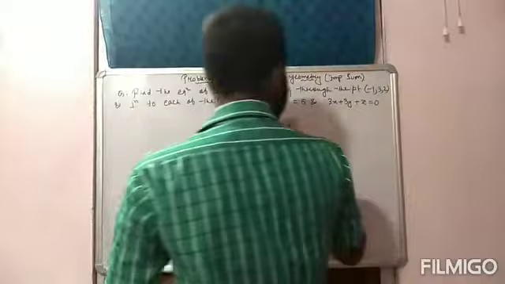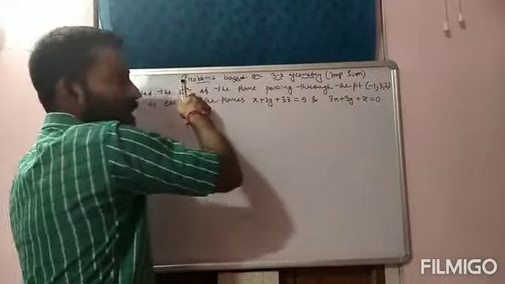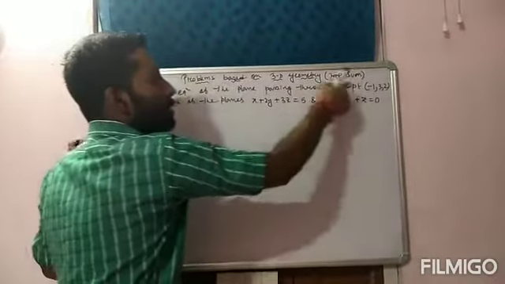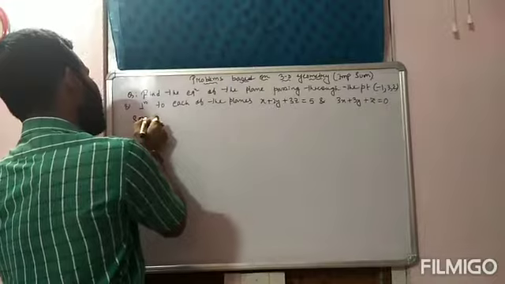Since the plane is passing through the point -1, 3, 2, let us see the solution.